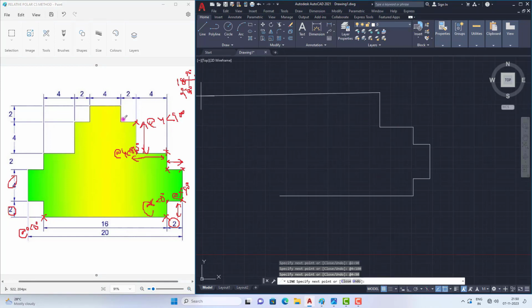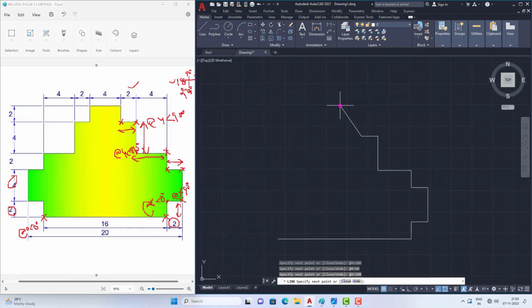Now we need to move here. From here we need to move. The distance is 2. I need to move in the 180 degree angle. So @2<180 and press enter. I am here and now I need to move up.